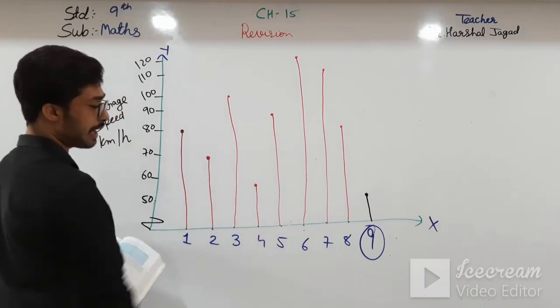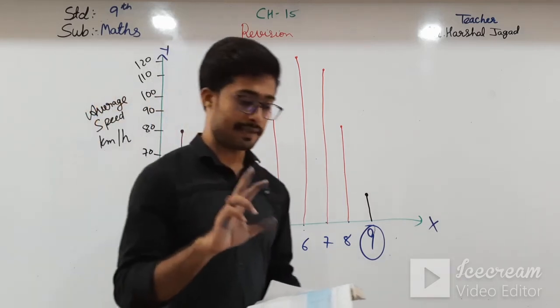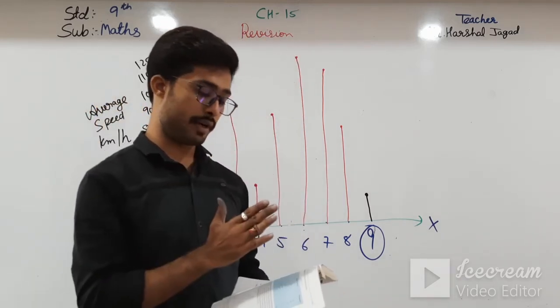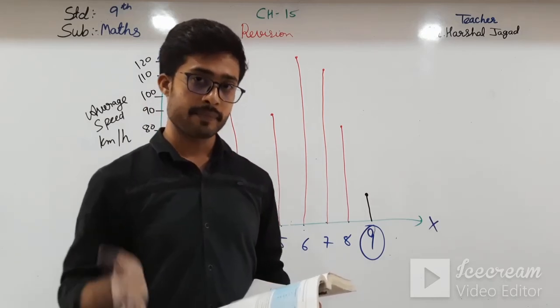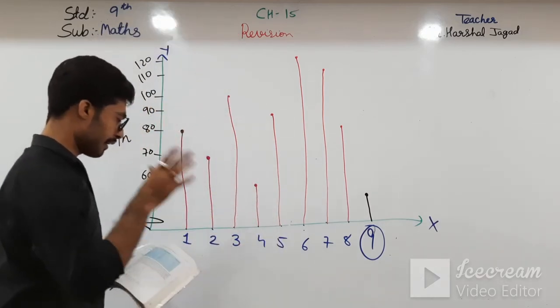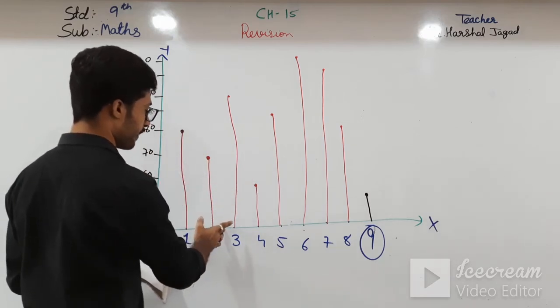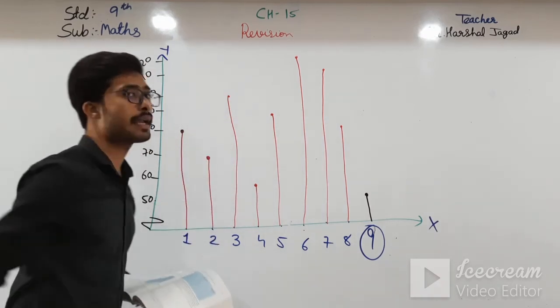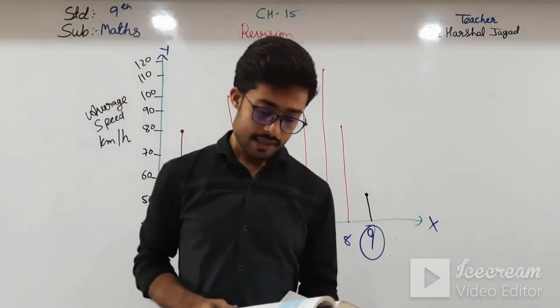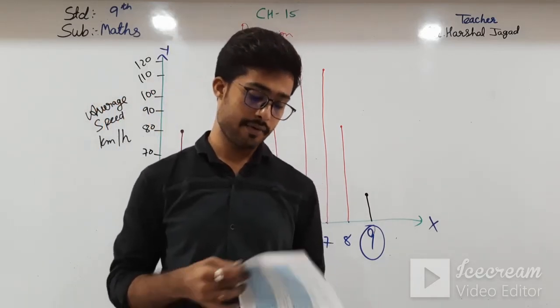So the class is from 140 to 150, and then the class mark is given, that is 145. So where is 145? 145 is here, and you have to draw a point like this. Okay, so the class mark is given.